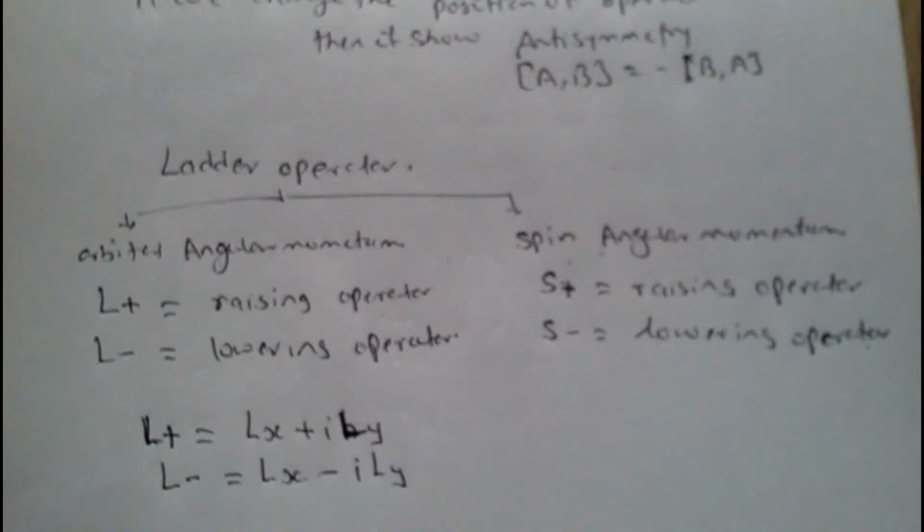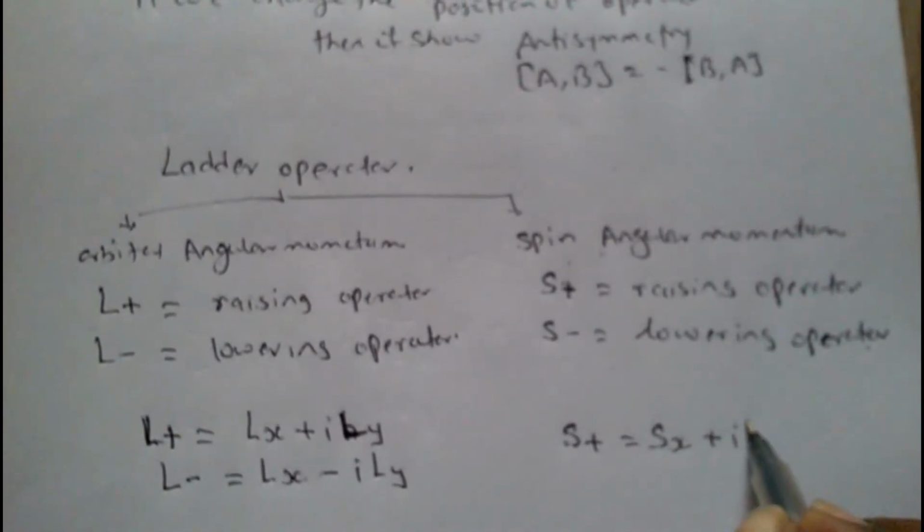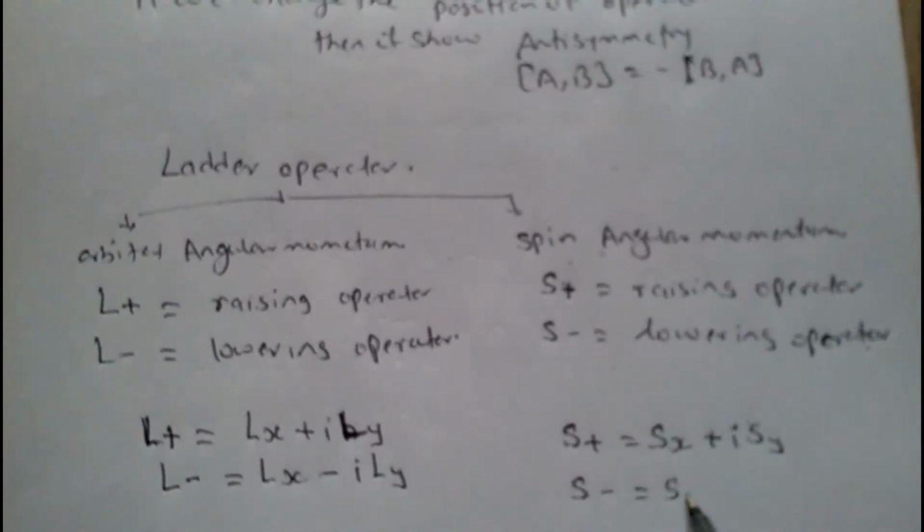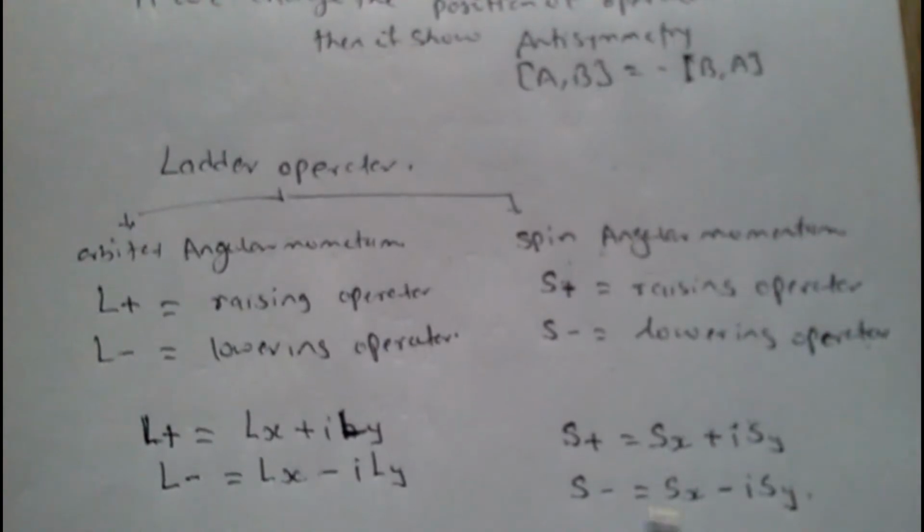Similarly for spin angular momentum, S plus equal to Sx plus i Sy, and S minus will be Sx minus i Sy.